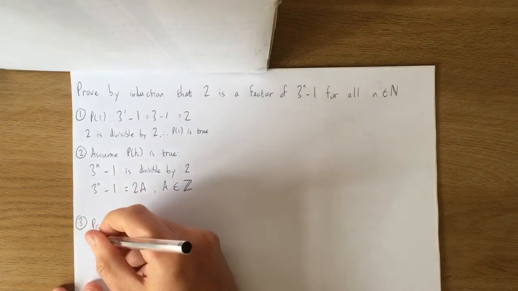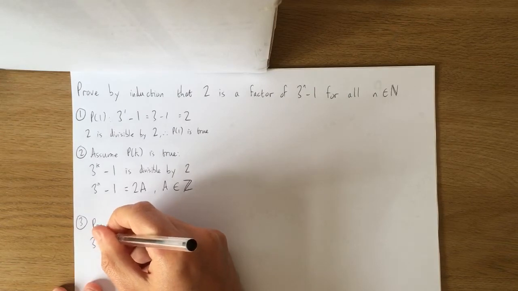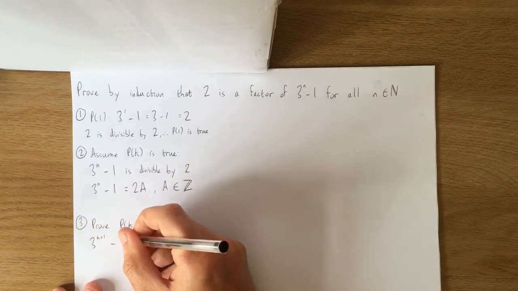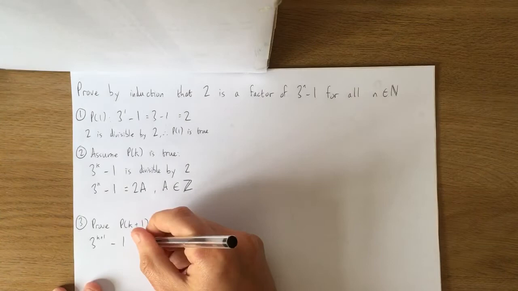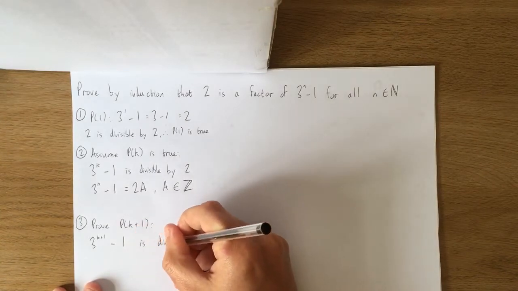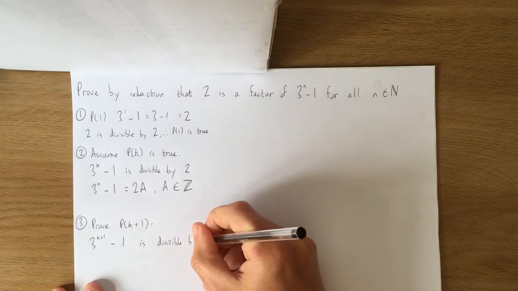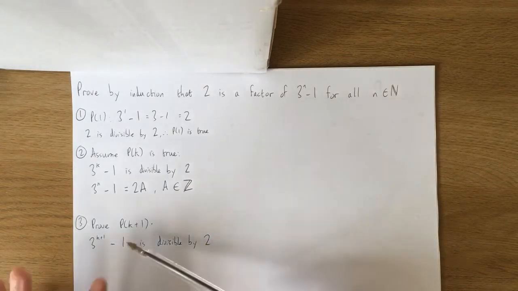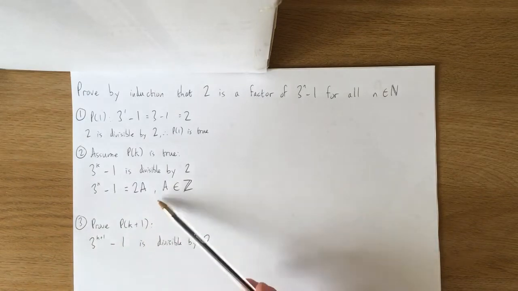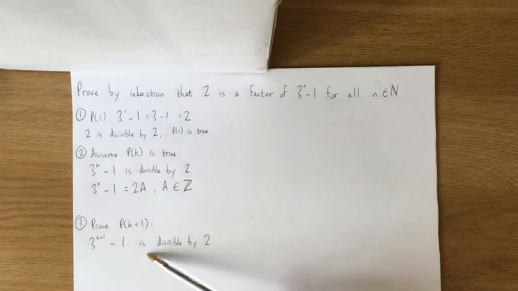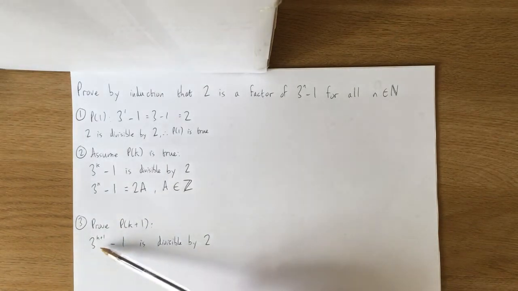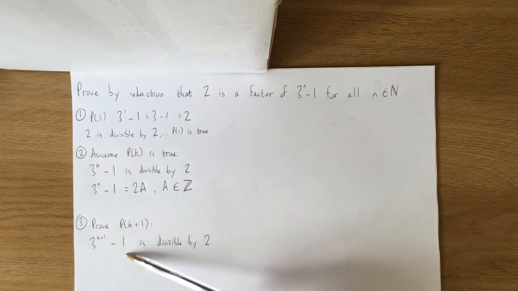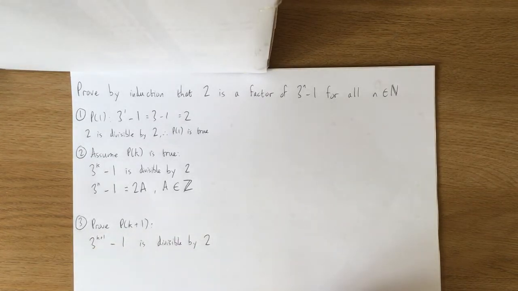So 3 to the k plus 1 minus 1 is divisible by 2. You can write equals 2b, introducing another more mathematical way of writing that, but we'll get away with writing it like this and then just working away on this until we can factorize 2 out. So what are we going to do here?